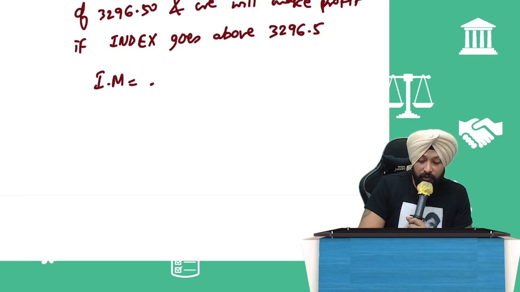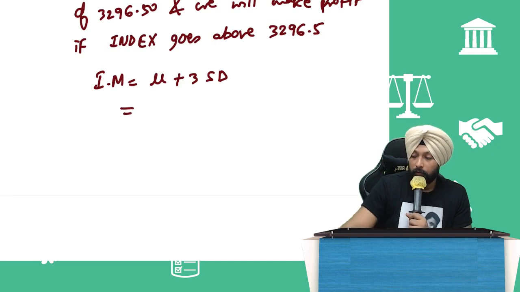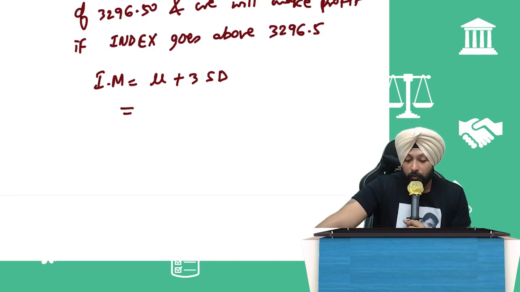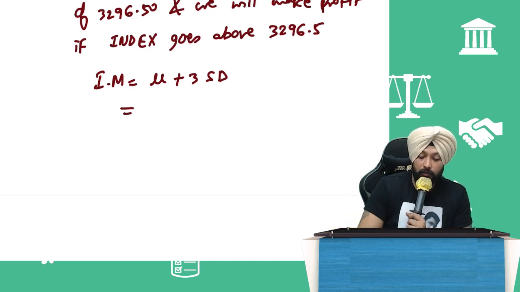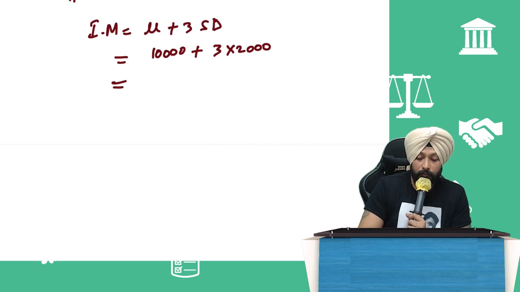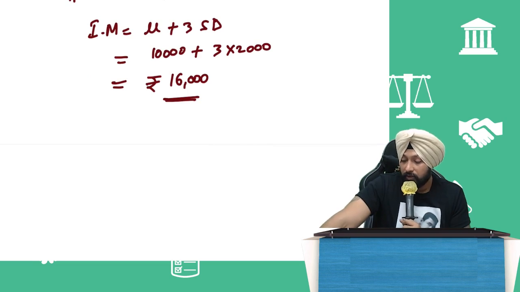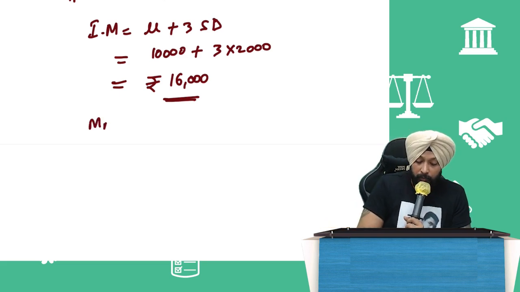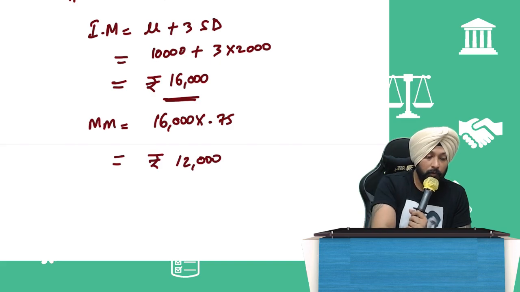Next line, initial margin is equal to mu plus 3 times standard deviation, which is 10,000 plus 3 into 2,000, which is rupees 16,000. And maintenance margin is 16,000 into 0.75, which is rupees 12,000.